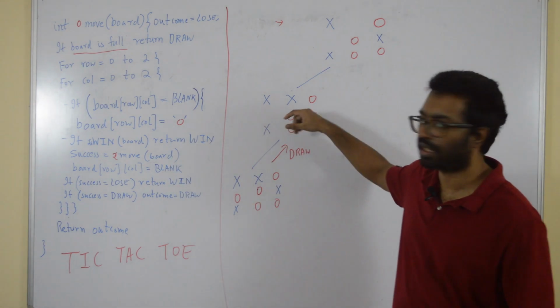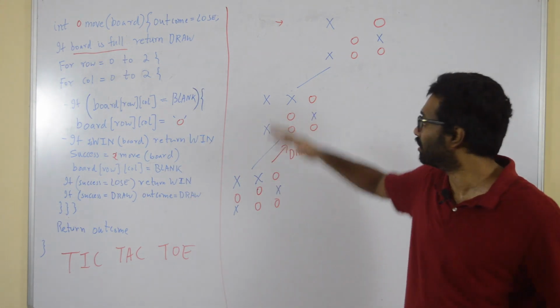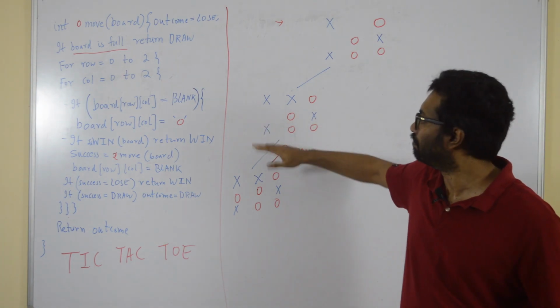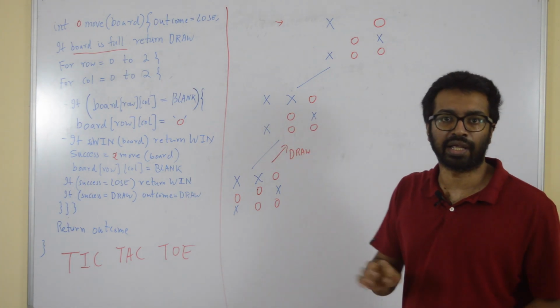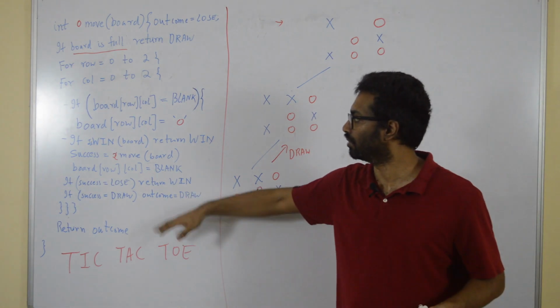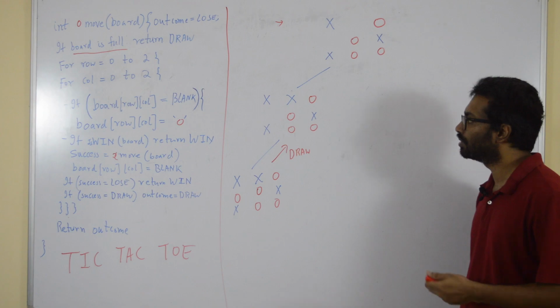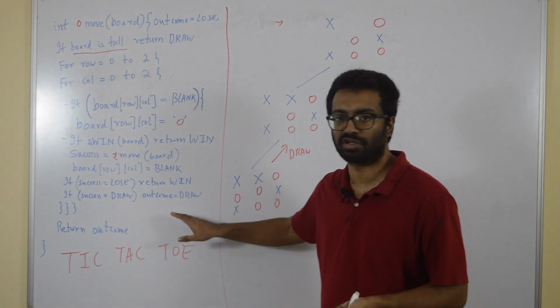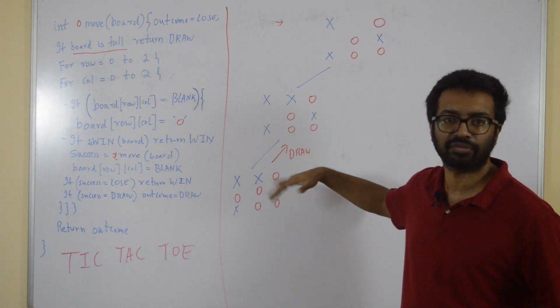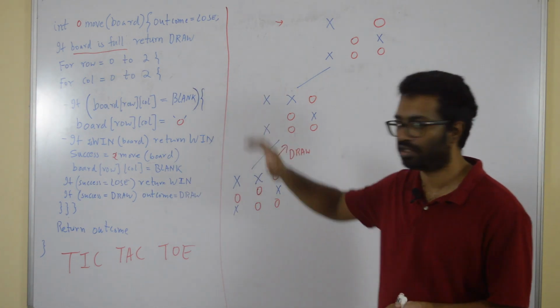And then it tries to see whether there is any other position to place the O, and there is no more position, right? And therefore the entire for loop gets executed and it comes here and it's going to return the outcome. What is the outcome now? Outcome is draw, right? Because when this draw came, the outcome was set to draw, and therefore this will now return draw.